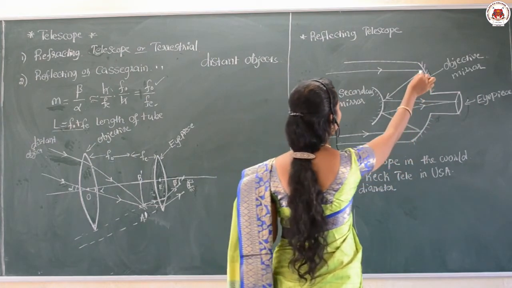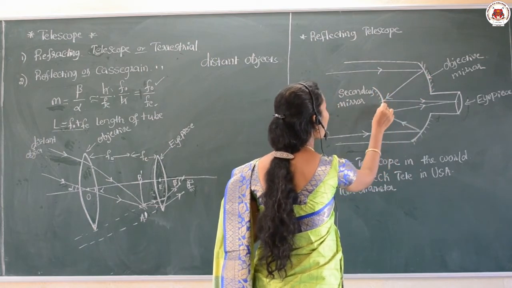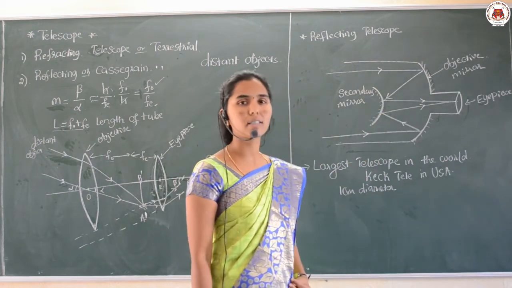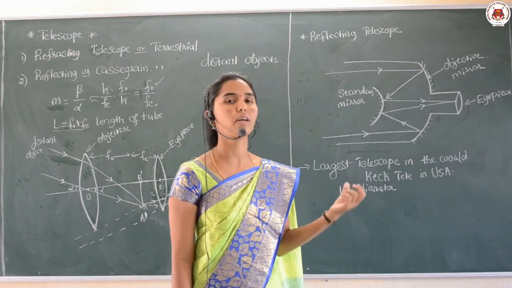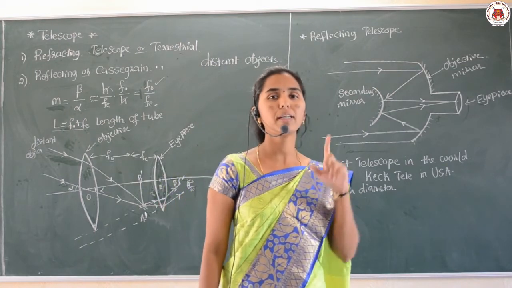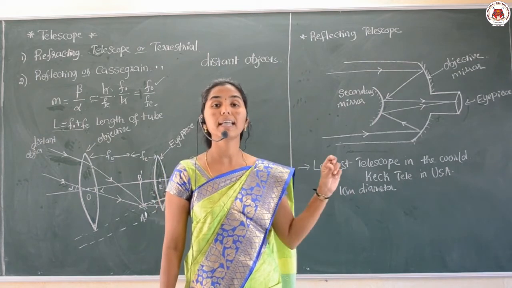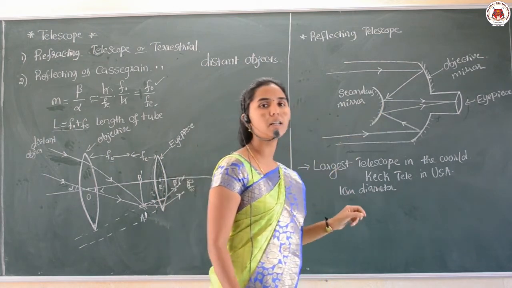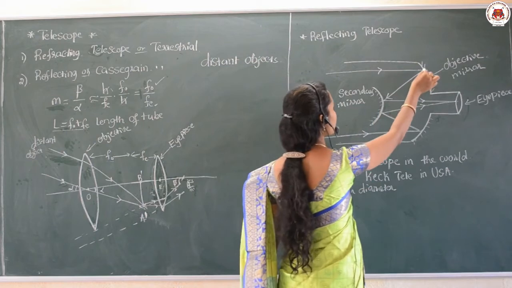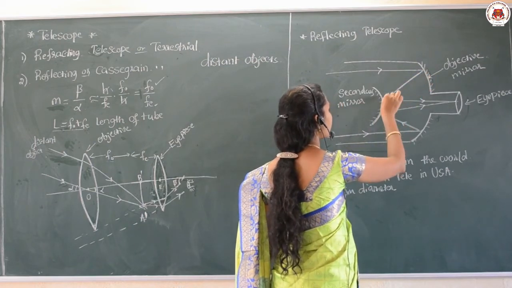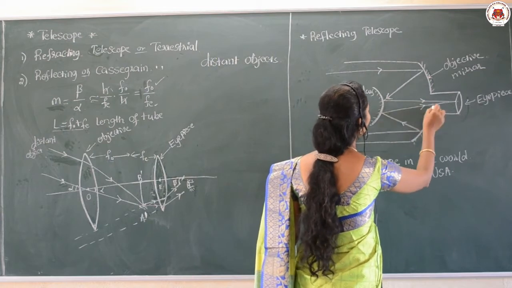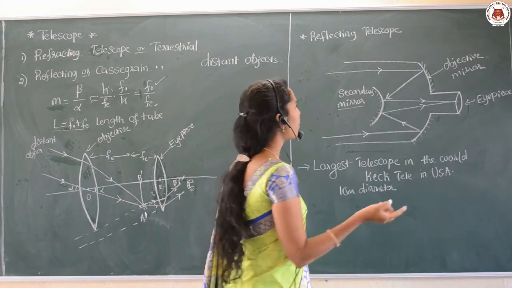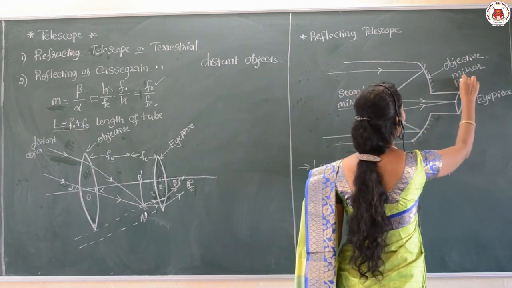And after this, again here we use one convex mirror. Can you see what the function or work of the convex mirror is here? Remember, dear students, a convex mirror diverges the light. Hence, we are using the convex mirror here to diverge the rays coming from the concave mirror, which is the primary mirror.